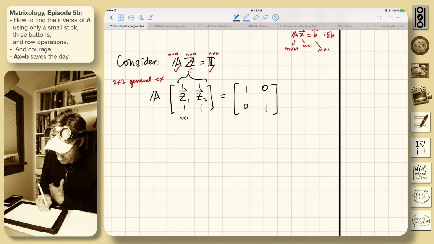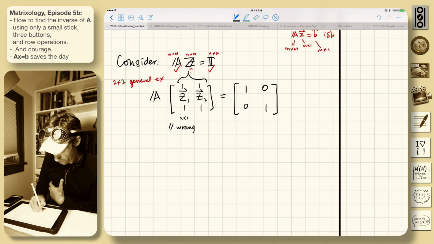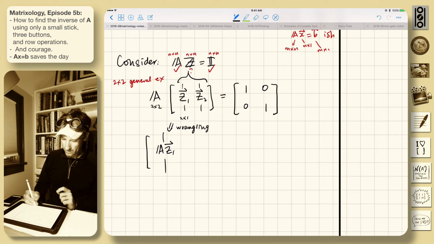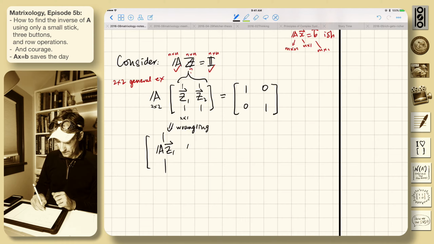This gives us A times Z1, a vector, because this is a 2 by 2 times a 2 by 1, and then A times Z2.